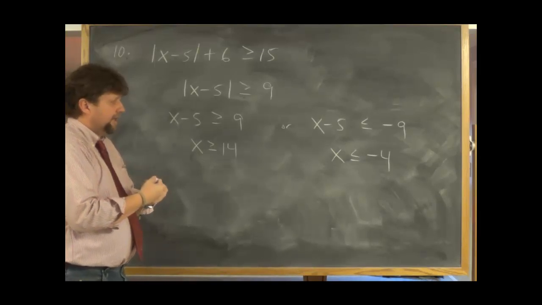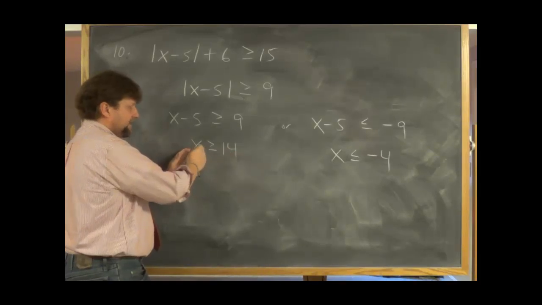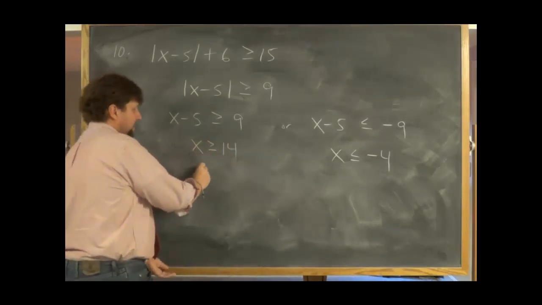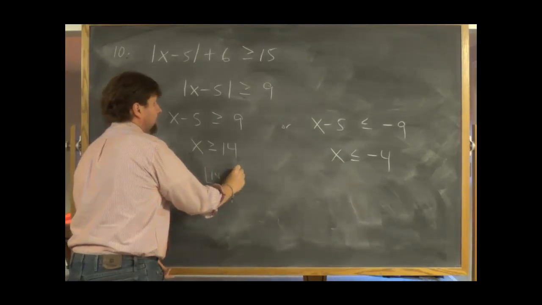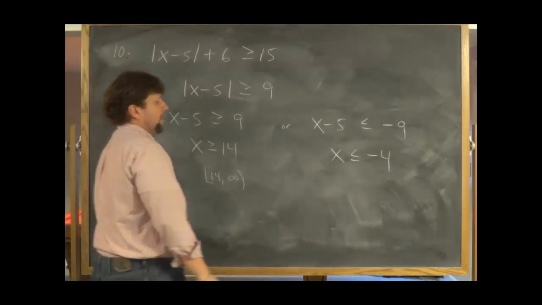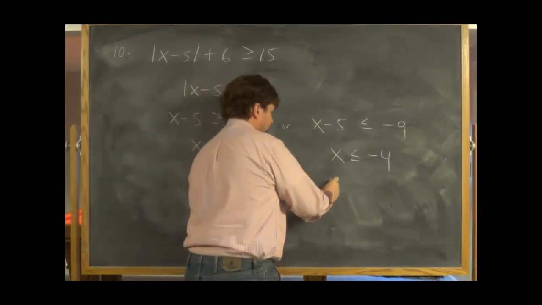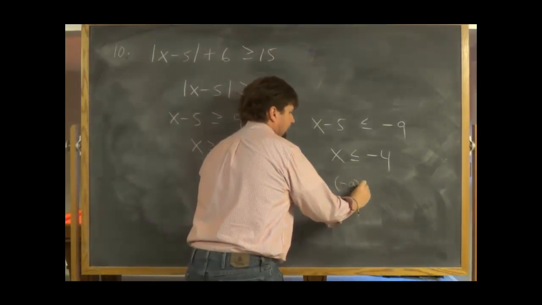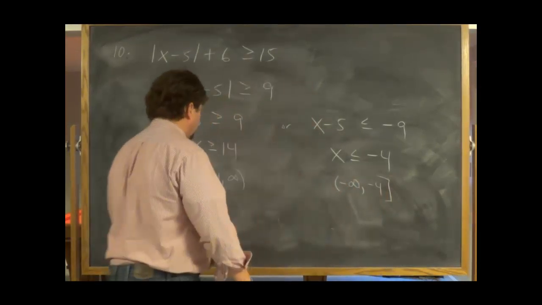So in interval notation, what would match up with this? x is greater than or equal to 14. It would be square bracket 14, comma, infinity. What matches up with this? x is less than or equal to negative 4. It would be parenthesis negative infinity up to negative 4 square bracket.